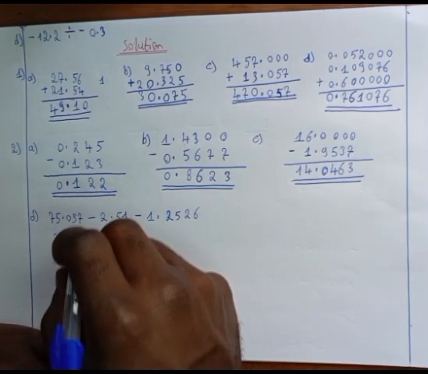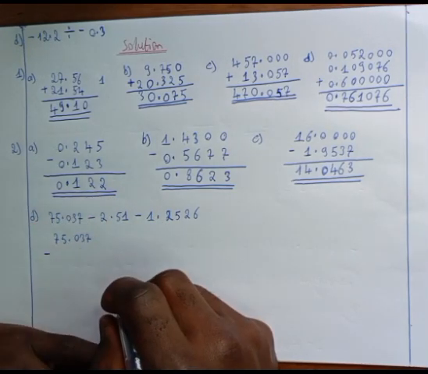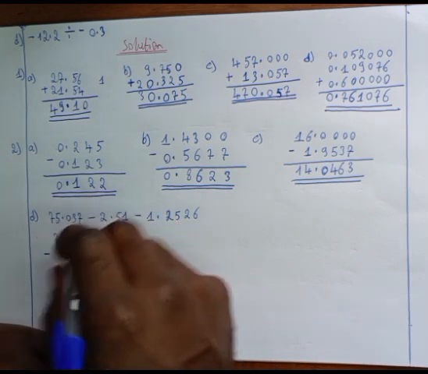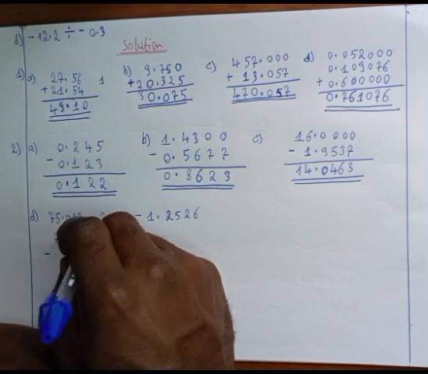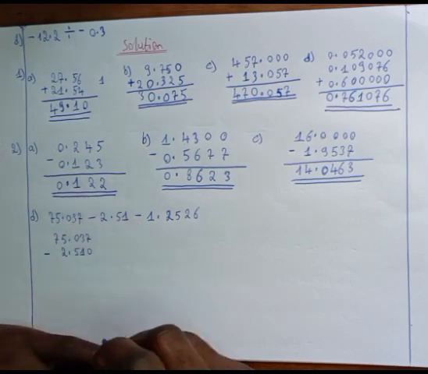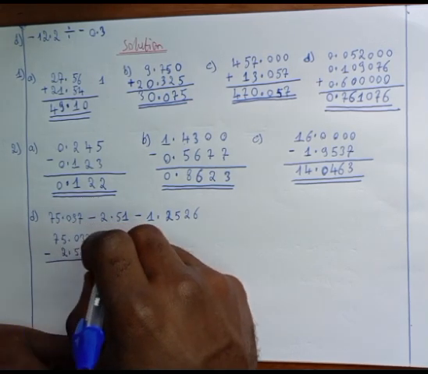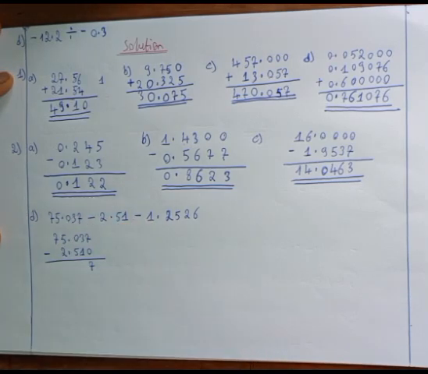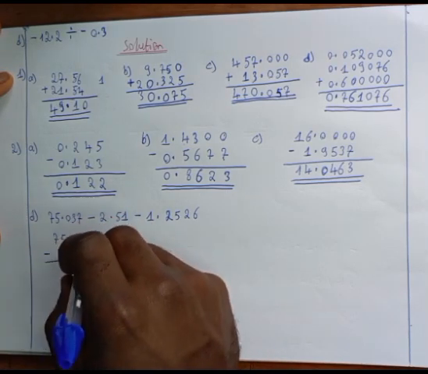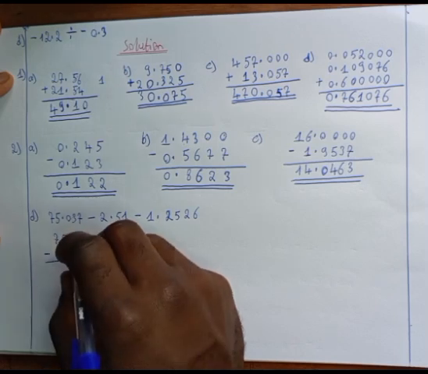75.037 minus 2.51. We know 2 has a place value of units, so we are going to place 2 under 5.51. We attach a 0. Draw our horizontal line. 7 minus 0 gives 7. 3 minus 1 gives us 2. 0 here is less than 5.